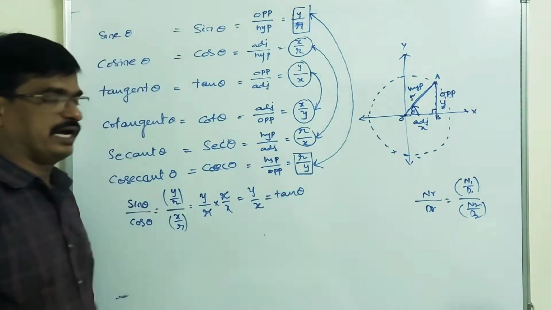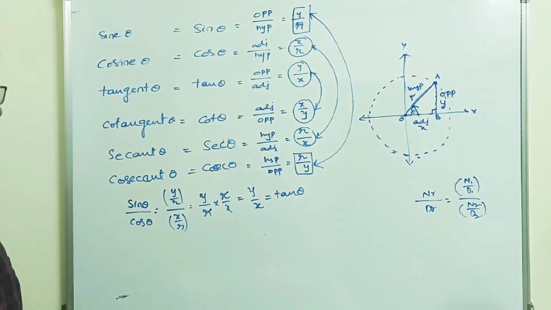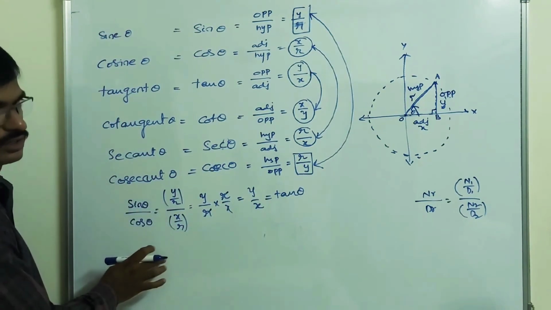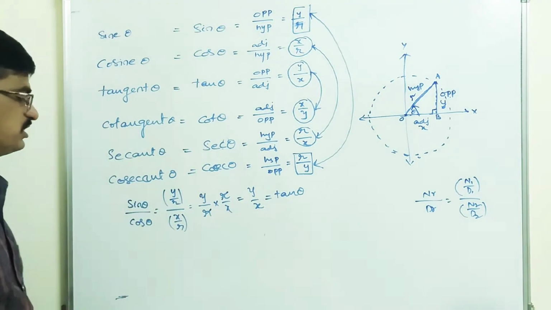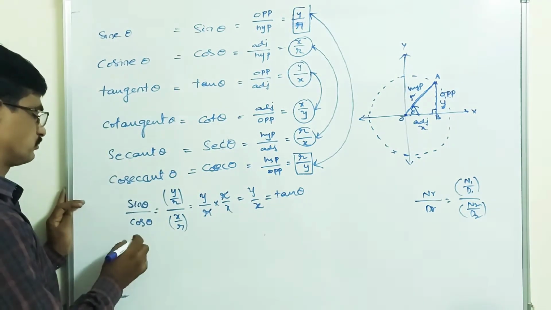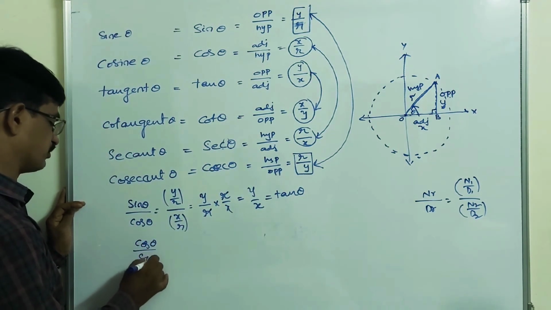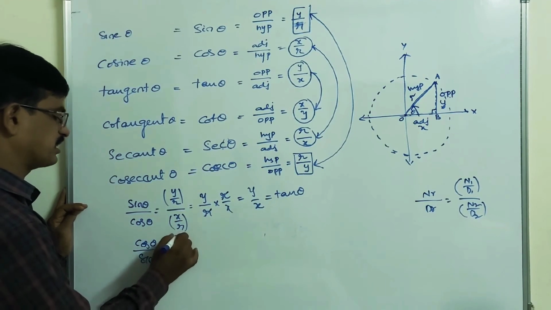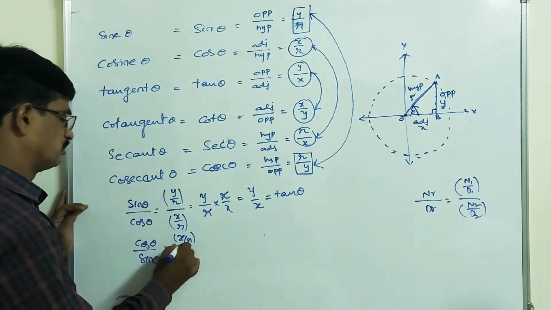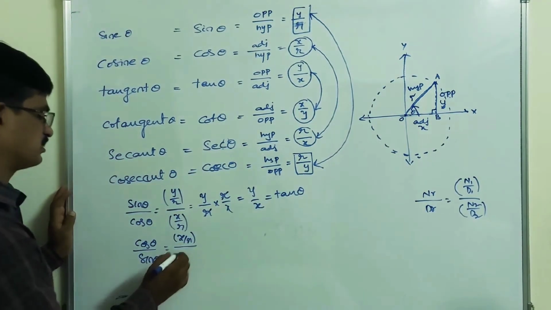That is, tan theta is also defined in another way, sin theta by cos theta, and cot theta is cos theta by sin theta. So cos theta is x by r, sin theta is y by r.